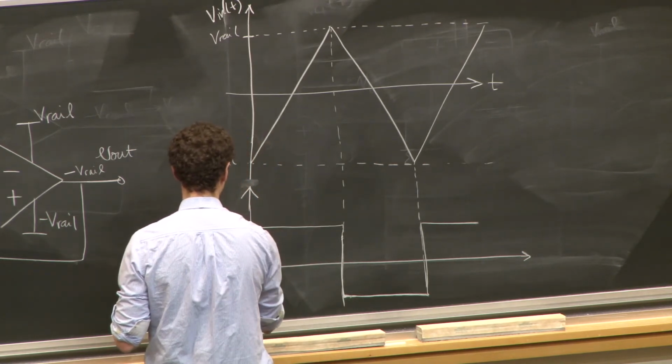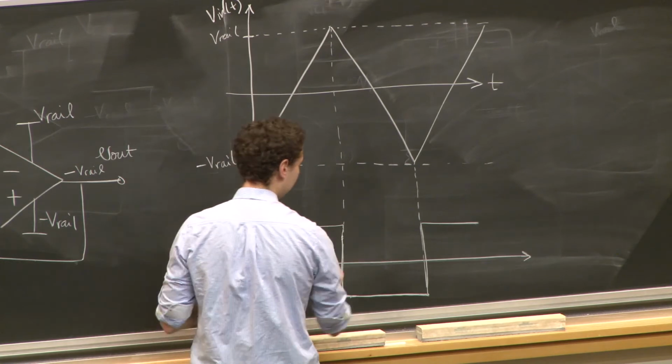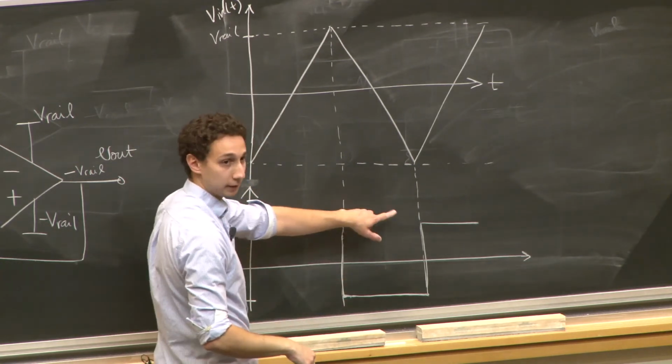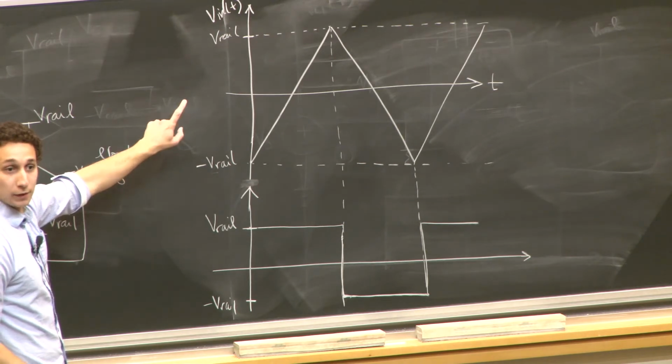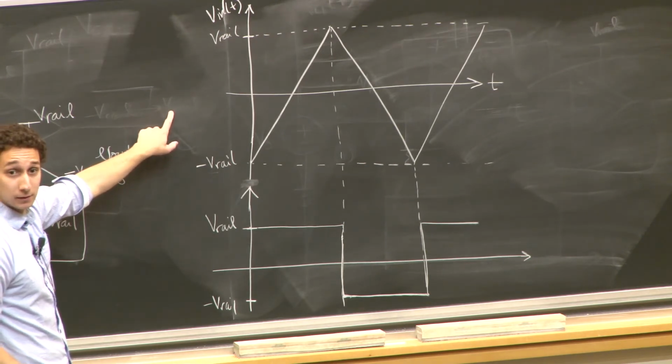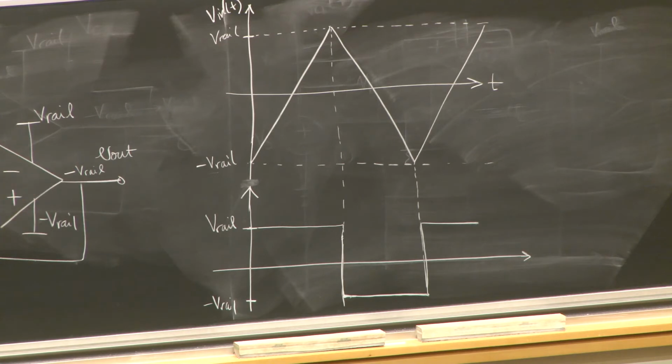So here we have V rail, minus V rail, plus V rail. This aligns exactly with our capacitor waveform, right? So that's how we can end up using the output of this positive feedback comparator to switch our capacitor. Okay, switch the current in the capacitor.